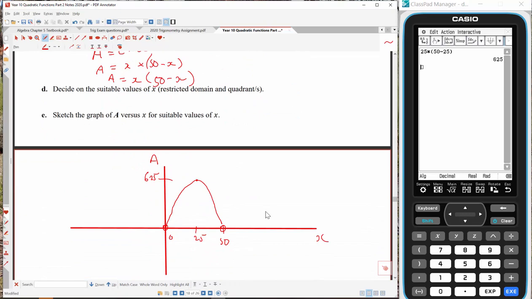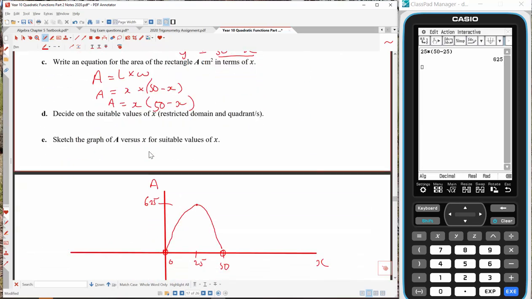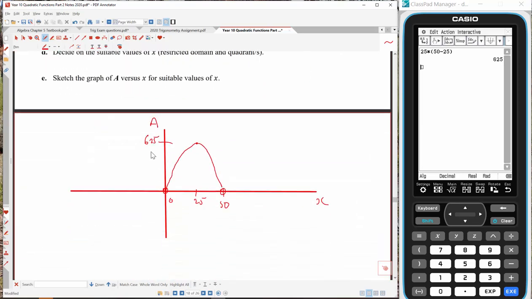So x has to be a value between 0 and 50, and it can't be inclusive of those values themselves because I'd be attempting to make a rectangle with a side length that is 0. And that doesn't exist either. So that's our function there.